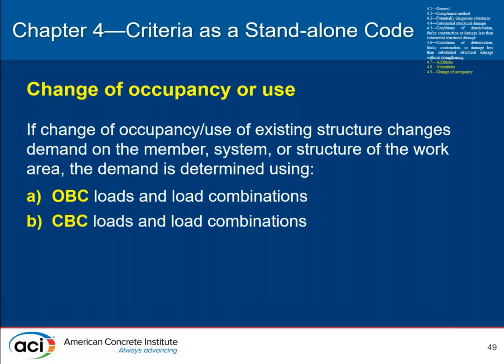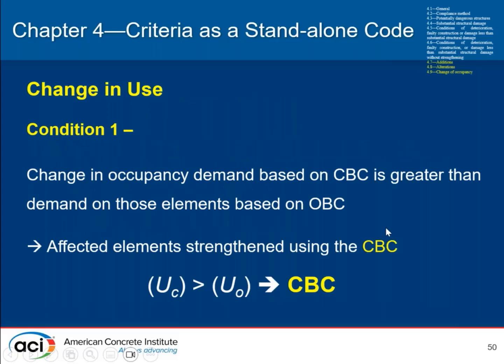A change of occupancy or use. If a change of occupancy or use is changing the demand on the member, the demand is determined using either original building code loads and load combinations or current building code loads and load combinations. If the change in occupancy demand based on the current building code is greater than the demand on those elements using the original building code, the affected elements need to be strengthened using the current building code.